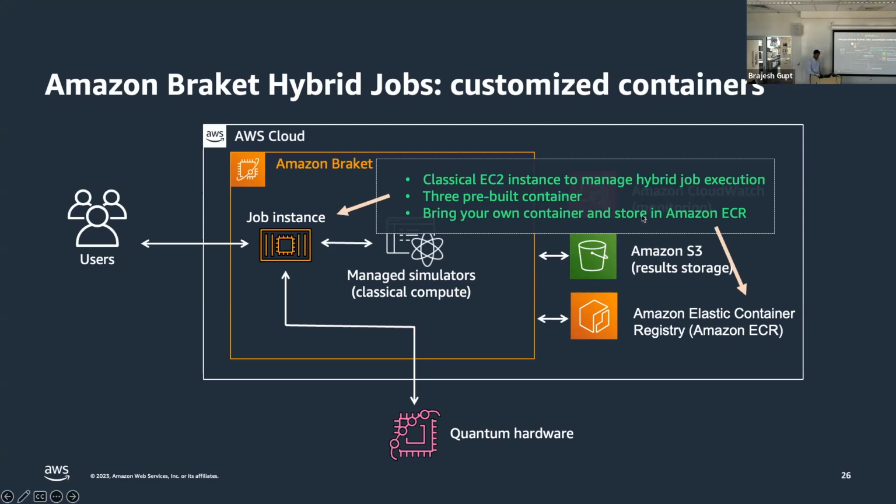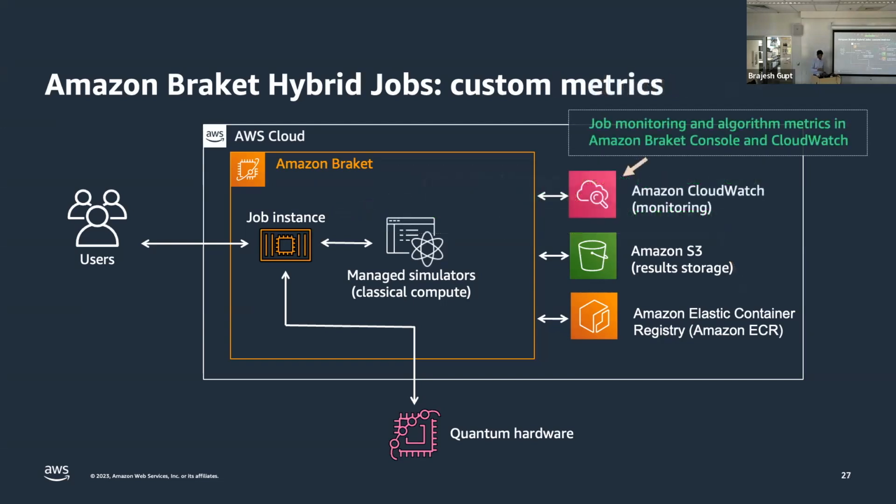You can containerize all your packages and store them in what is called Amazon Elastic Container Registry, and then the Amazon Braket job instance will be able to access that. So that is facilitated through all these hybrid jobs.